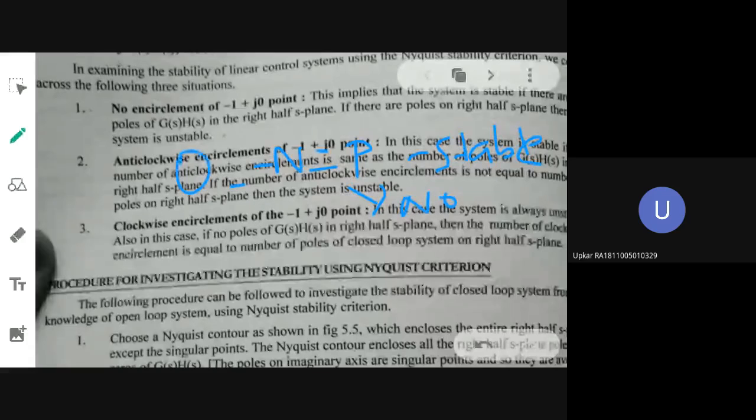Second case, anti-clockwise encirclement of -1 + j0. Anti-clockwise encirclement means you have to check how many poles there are, and whether the number of poles is equal to the number of anti-clockwise encirclements.